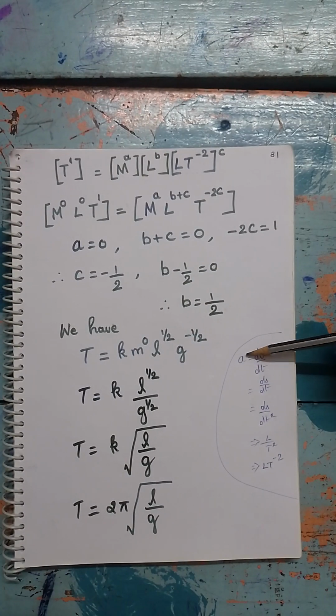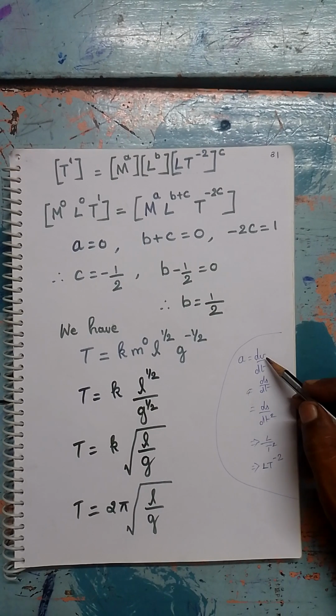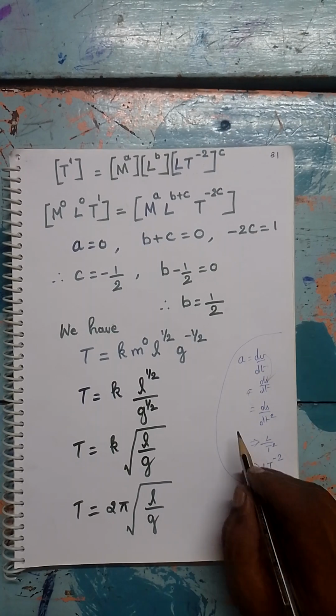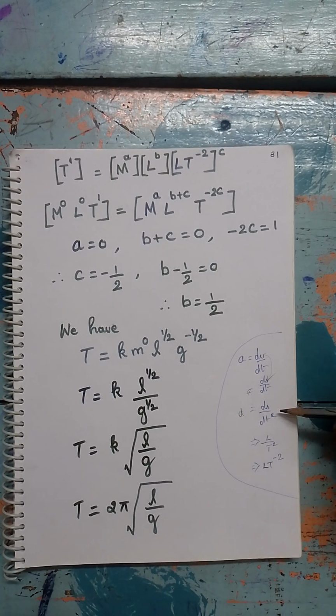So we know that acceleration is dv by dt, velocity v is ds by dt, therefore acceleration can be written as ds by dt square. s is nothing but distance, which is length, and time square is T power 2.